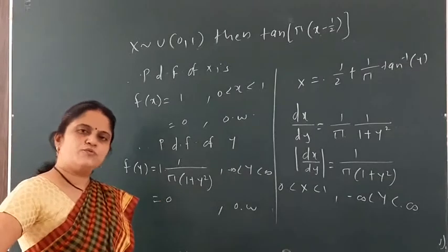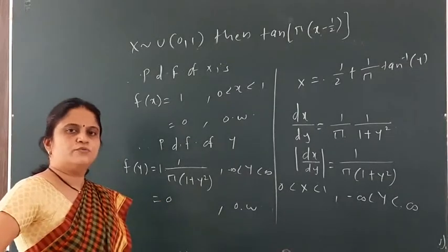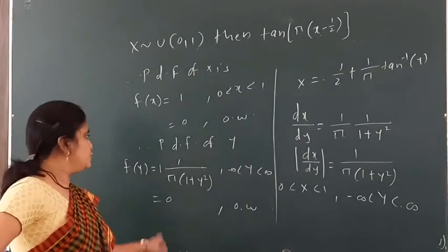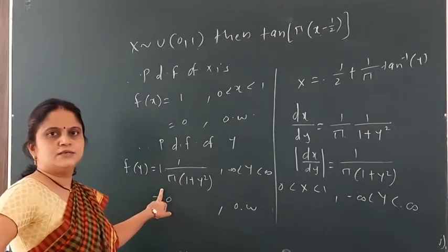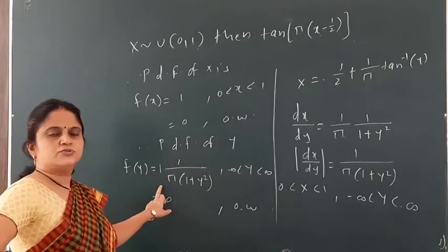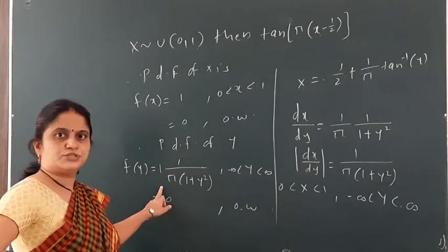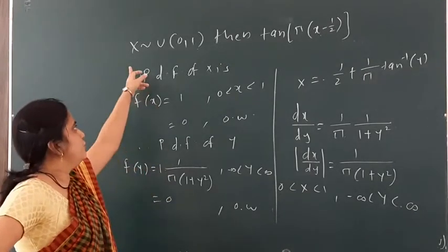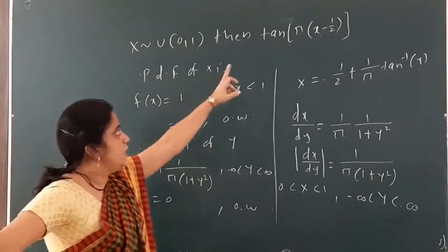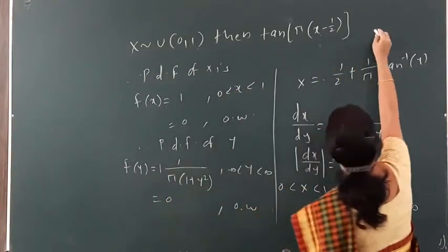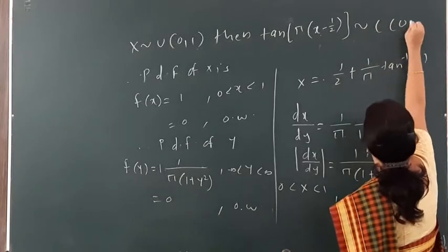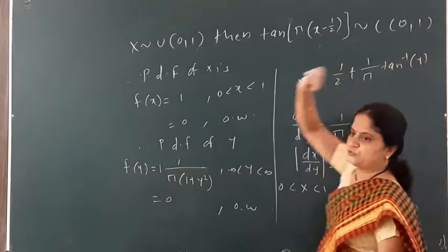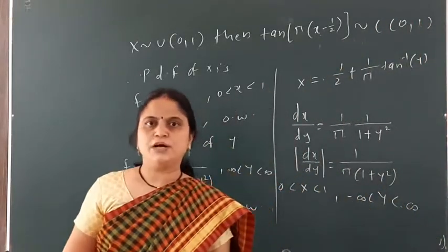So what is the distribution of y over here? Do you know? The distribution of y is Cauchy distribution, standard Cauchy distribution. So the result which we have is, if x follows uniform 0 1, then tan of pi times x minus half follows standard Cauchy distribution, that is Cauchy with 0 1.